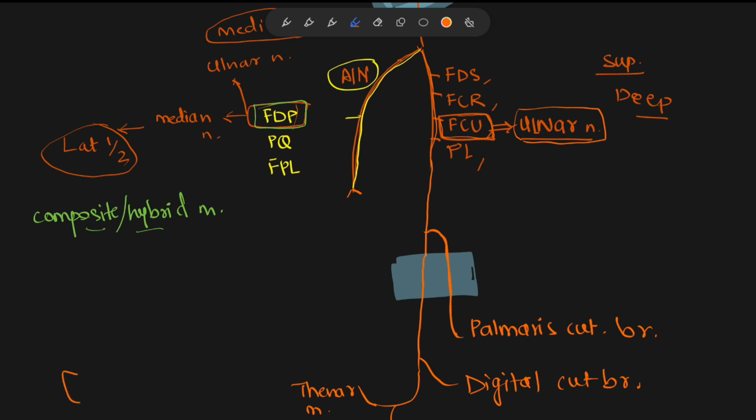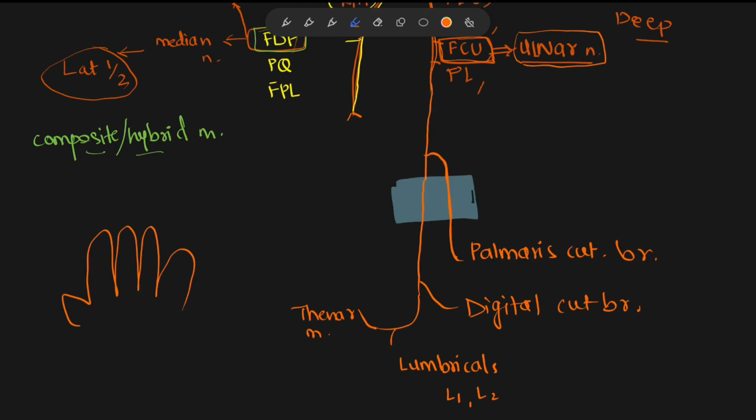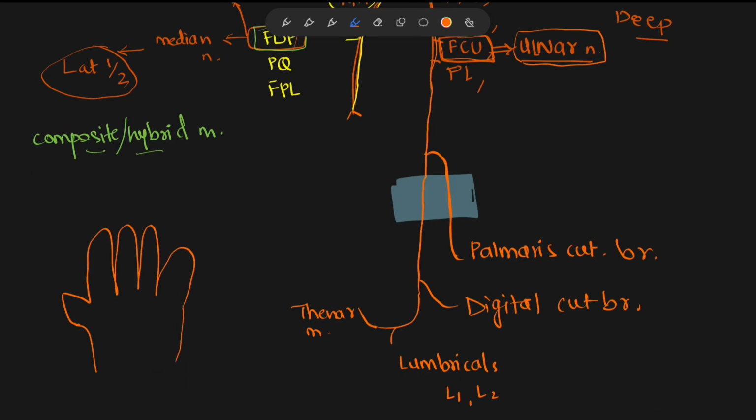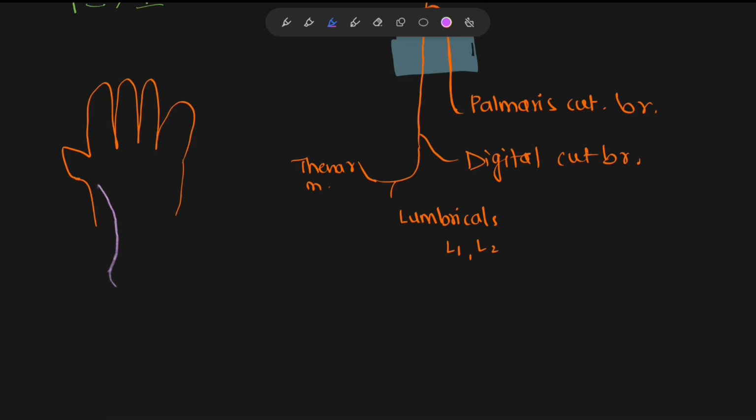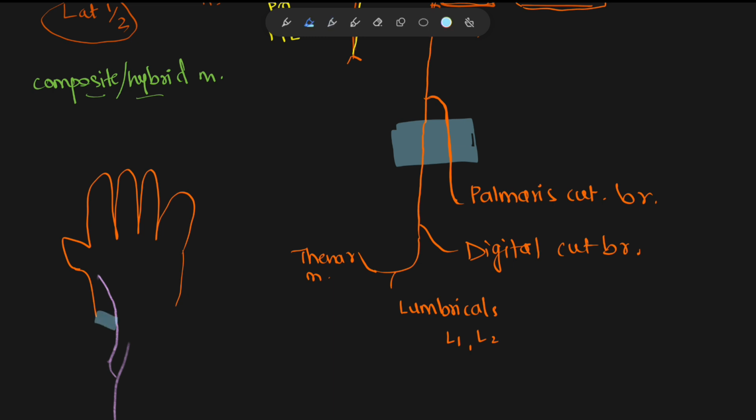For example, this is our hand, okay, and our muscle is coming this way. It will give one branch. First coming like this. Okay, here is our flexor retinaculum.